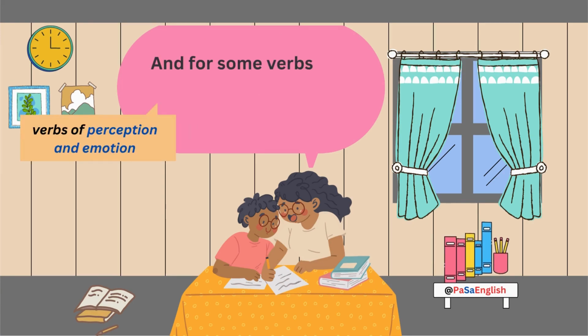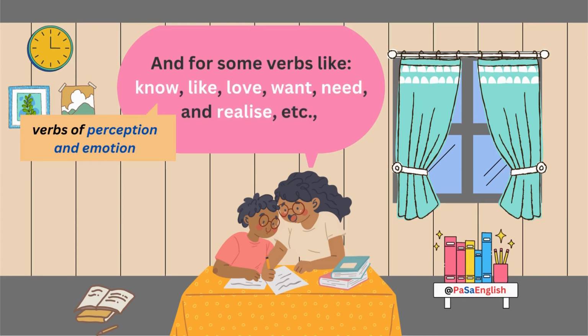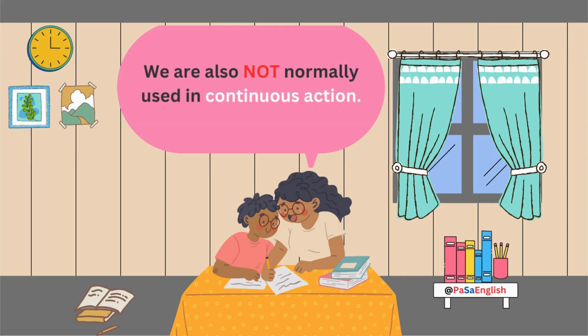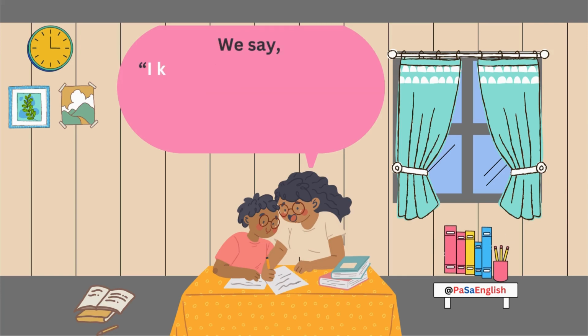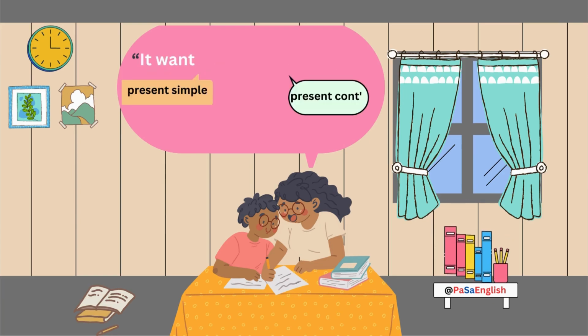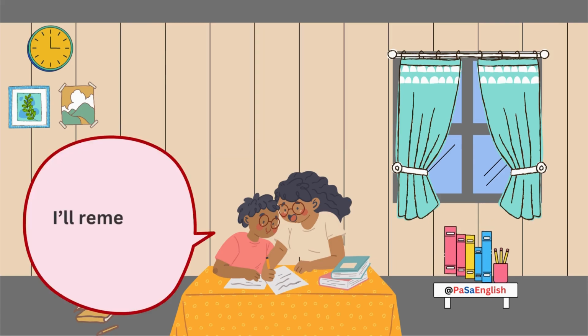And some verbs like know, like, love, want, need, and realize are also not normally used in continuous action. We say, I know or they like, not I'm knowing or they are liking. And it wants, not it is wanting. I'll remember that.